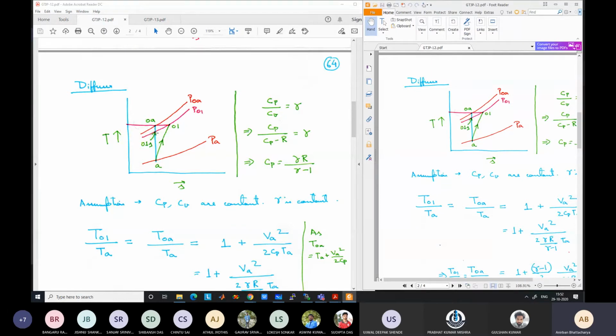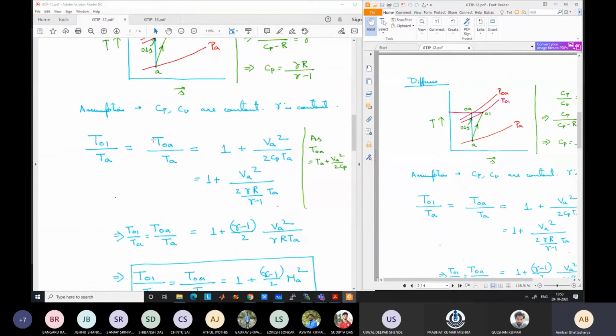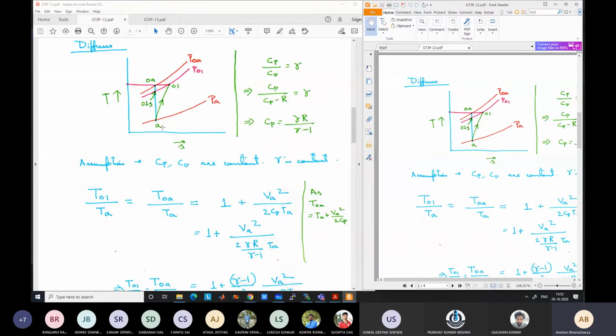At pressure P01, if the process had been isentropic, what would the temperature have been? This gives us a measure of the actual losses, because if P01 is lower, 01S will also be lower as compared to 0A. In this way we should be able to define an efficiency. Let me first define the efficiency and then we'll come back to the calculations. This diagram is here for your reference, the same diagram.